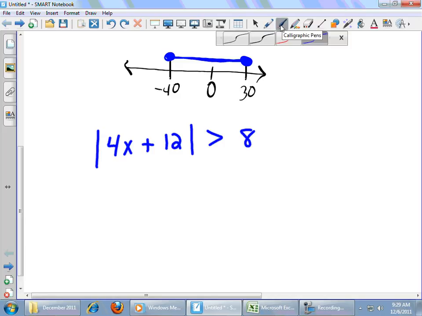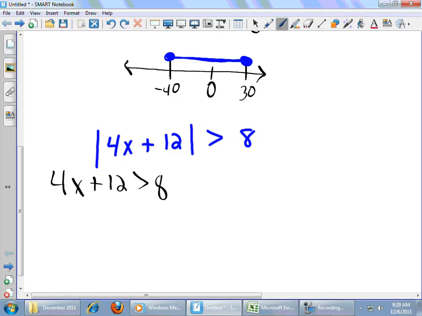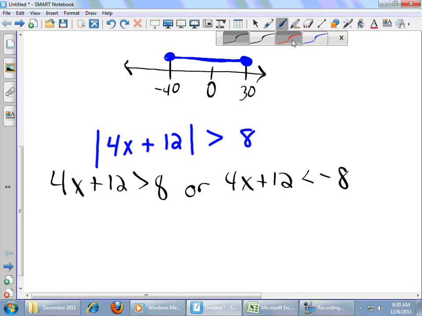This is an OR problem. I will write it as two separate problems: 4x plus 12 is greater than 8, or 4x plus 12 is less than negative 8. That will give me both solutions.